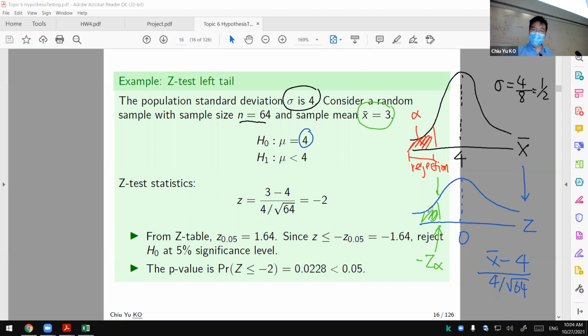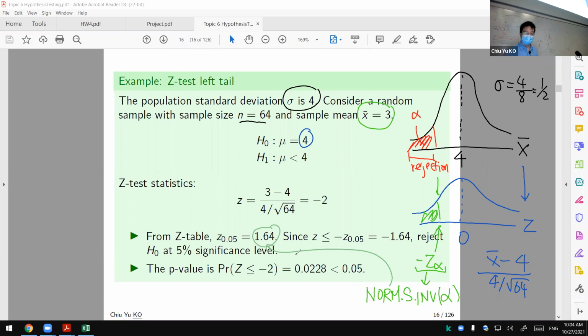This is alpha 5%, and we have already done it. It's just the normal inverse of alpha. So it turned out this number is 1.64.